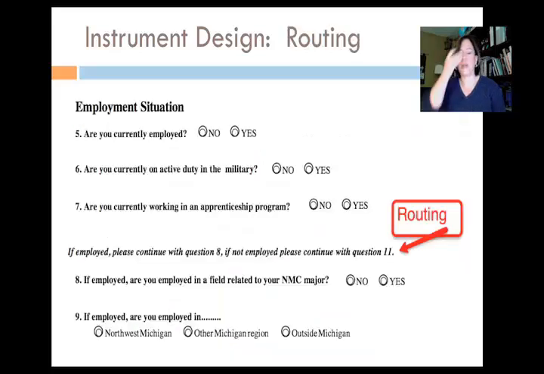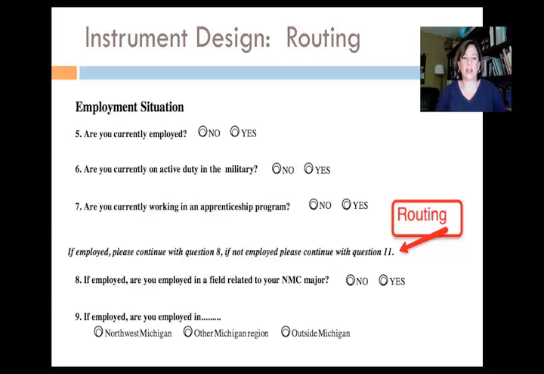Okay, some other situations that you run into with survey design are one concept is routing. You route the respondent through certain questions that you want them to answer or not answer based on their responses to previous questions.